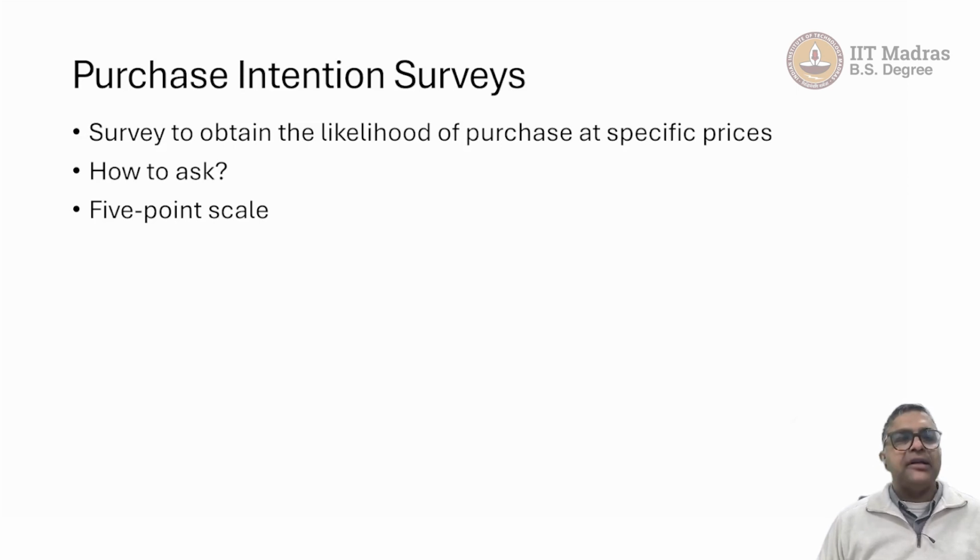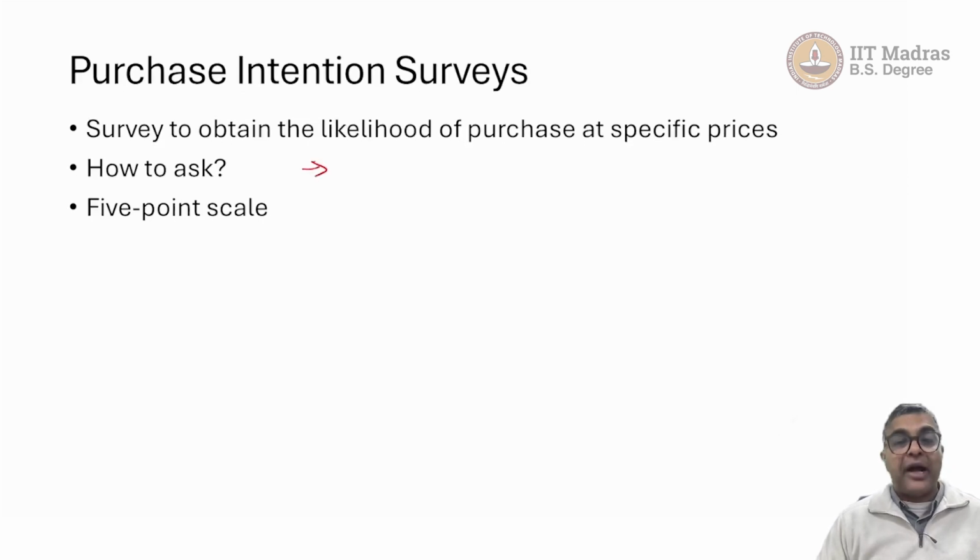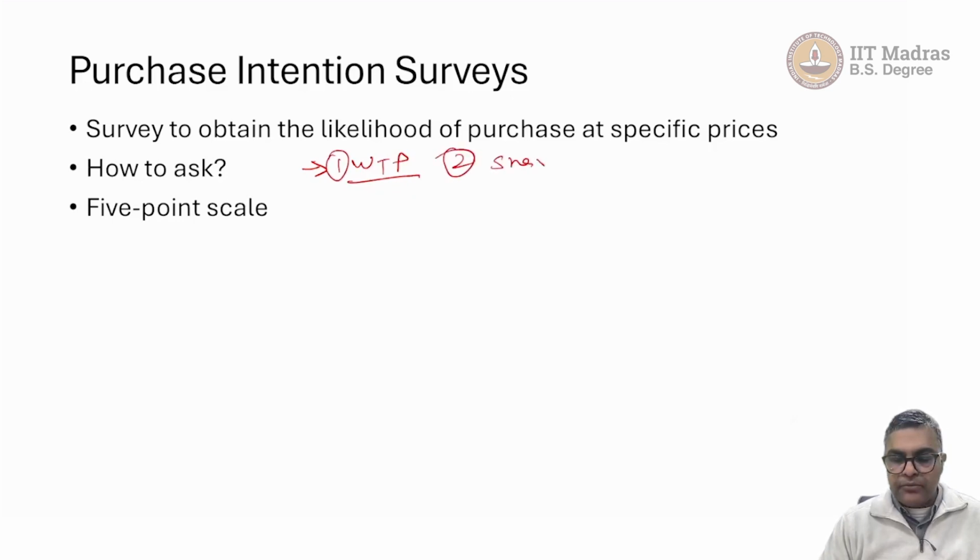Perhaps not. There are two issues. One, they may not actually know how much they are willing to pay. Willingness to pay may not be known. Second, even if it is known, they may not like to share it with you. That's the problem.